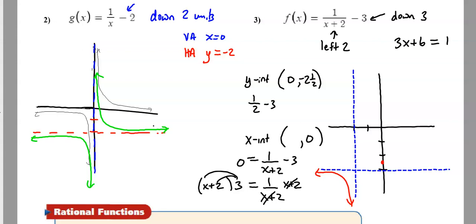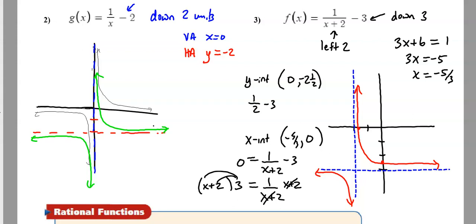So that's kind of where that came from. And that would be 3x equals negative 5, and that would be x equals negative 5/3. So I have an x-intercept of negative 5/3, which is negative 1 2/3. So there's my lines getting a little bit tighter to where they're supposed to be. Something like that, if the question asks me for that.